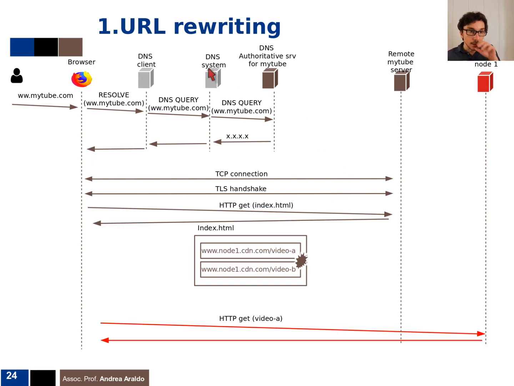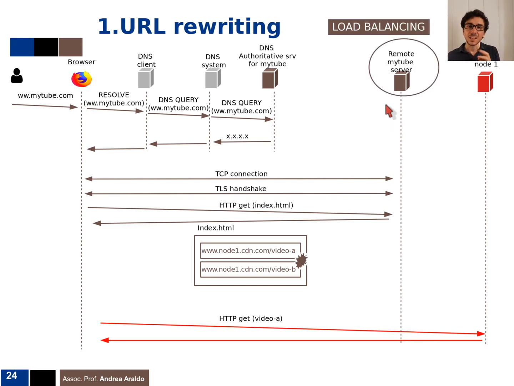What I want to say is that this technique of URL rewriting is very conceptually simple, but difficult to put in practice for MyTube, because they have to change their HTML pages and replace all the links with the redirection to the CDN node, and this is not simple.